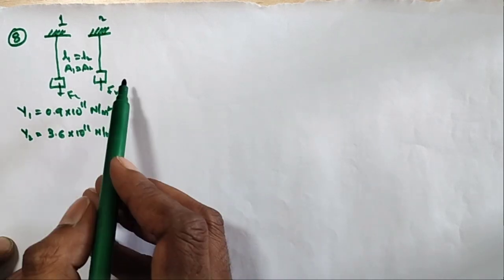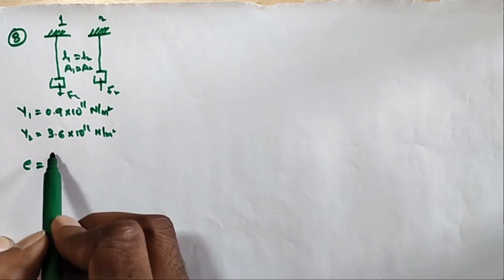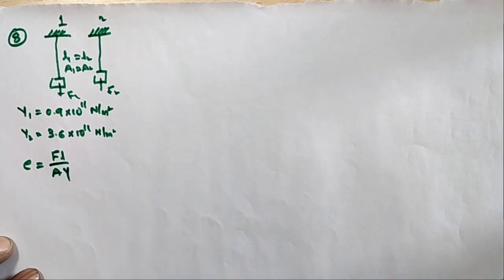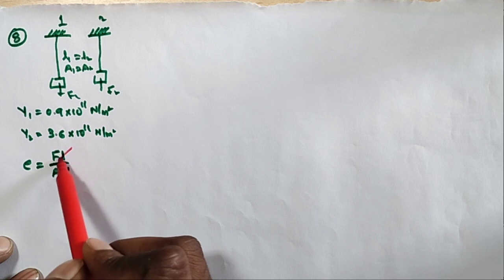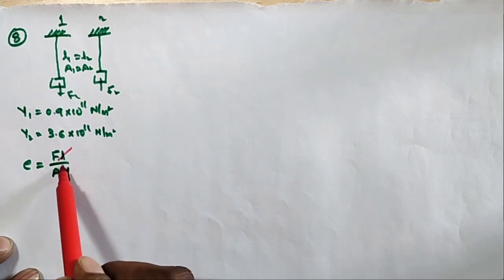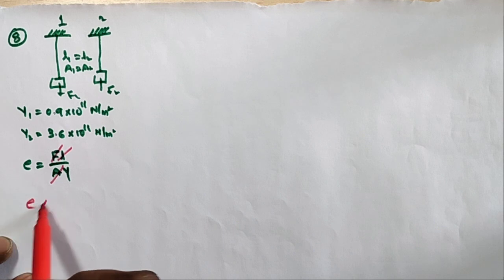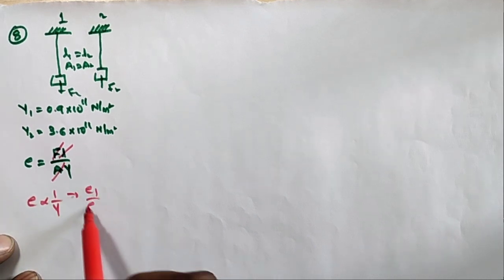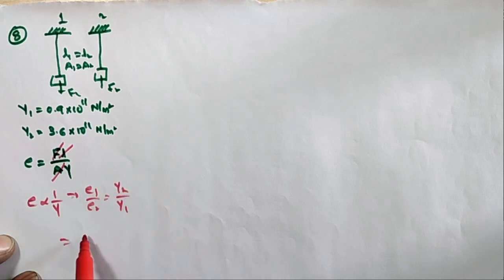So what is the elongation? I will give some hint: e is equal to F L by A Y. Length equal, L cancels. Area equal, A cancels. F equal, F cancels. What is the formula? e is proportional to 1 by Y. So that is e1 by e2 is equal to Y2 by Y1. What is the Y2 value?